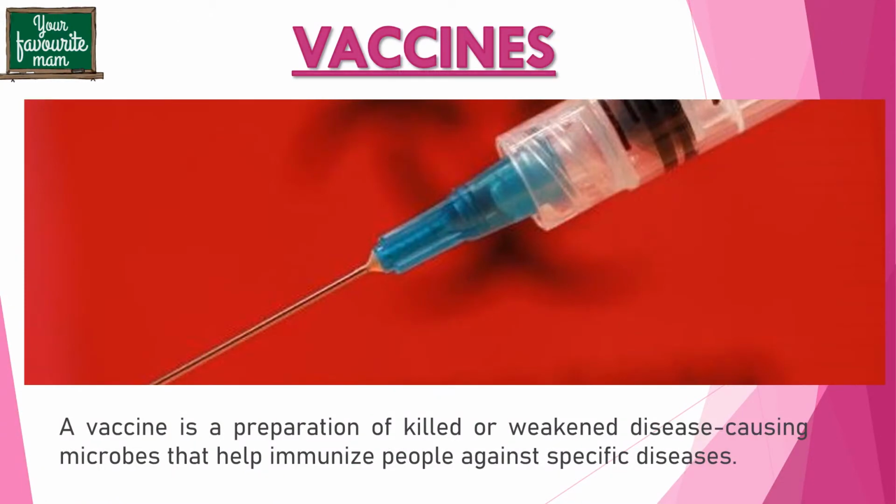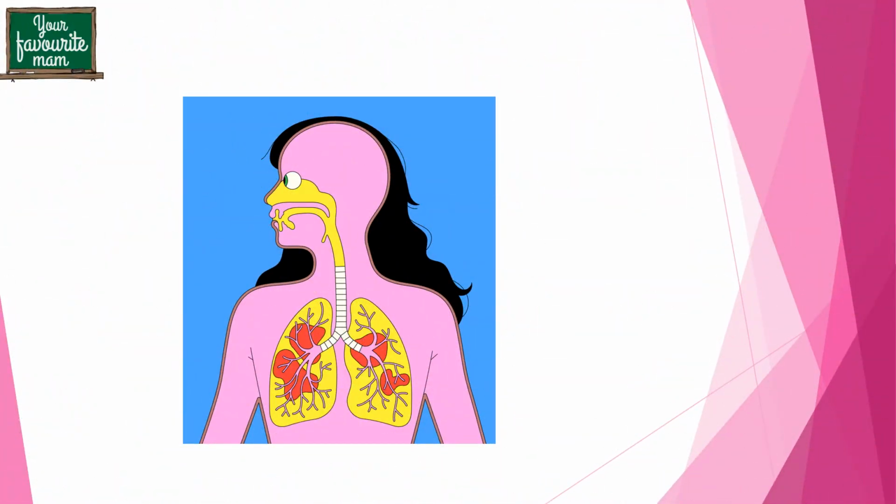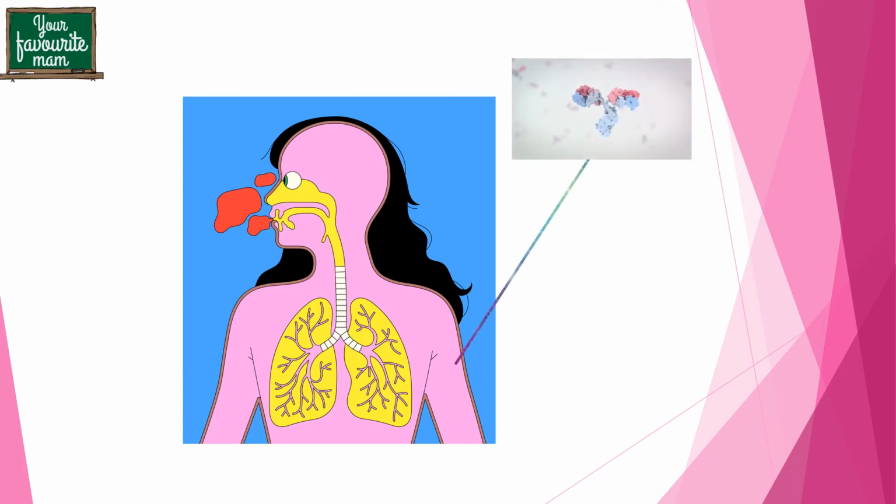Next is vaccine. A vaccine is a preparation of killed or weakened disease-causing microbes that help immunize people against specific diseases. Let me elaborate it a bit. When a disease-causing microbe enters our body, it produces antibodies to fight that invader.